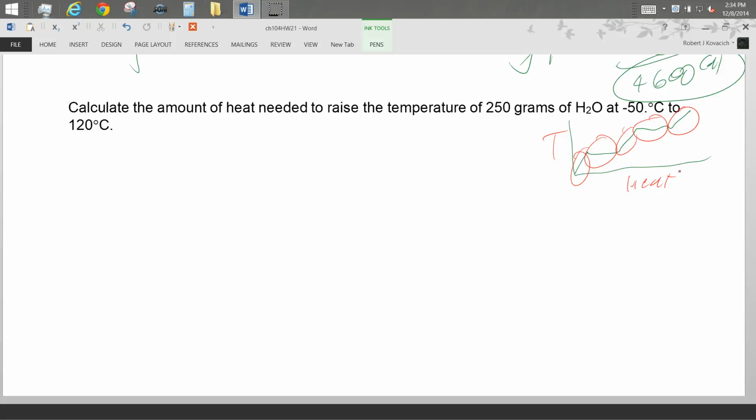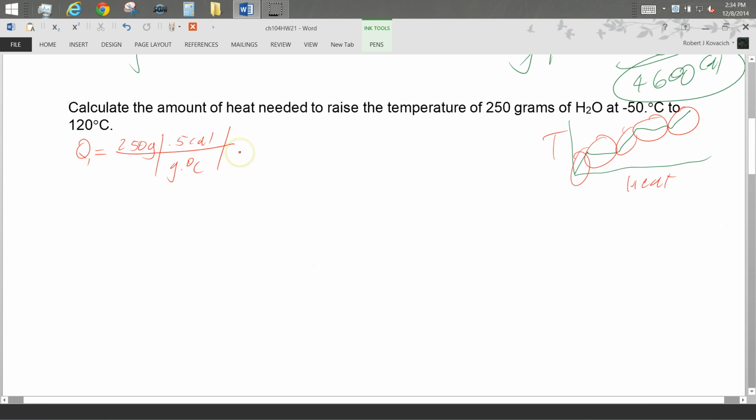Alrighty. So I'm just going to call it Q1. All right, so the mass is how much? 250. So 250 grams, and the specific heat is only 0.5 calories per gram degree C. I hope you saw that. We talked about that last time when we did this calculation. The specific heat for ice and the specific heat for steam is half of what it is for water.